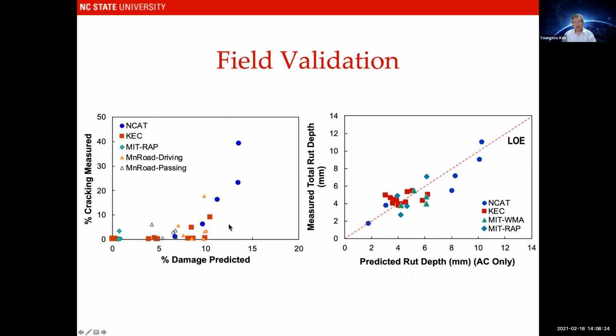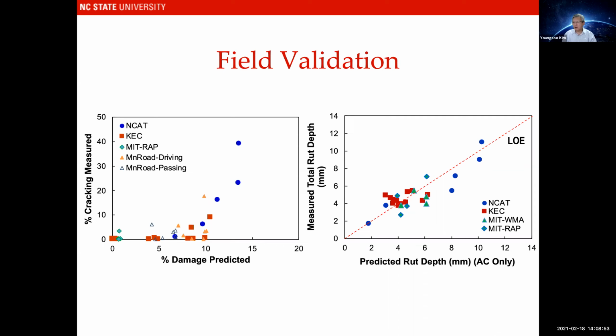This is cracking side, rutting side. You saw the rutting earlier, but rutting, I was really surprised that without doing any calibration, we were on the line of equality. And PavementME has that depth correction factor that you're applying at the end of all the mechanistic calculation, which makes it larger E, smaller M. We don't have that problem.